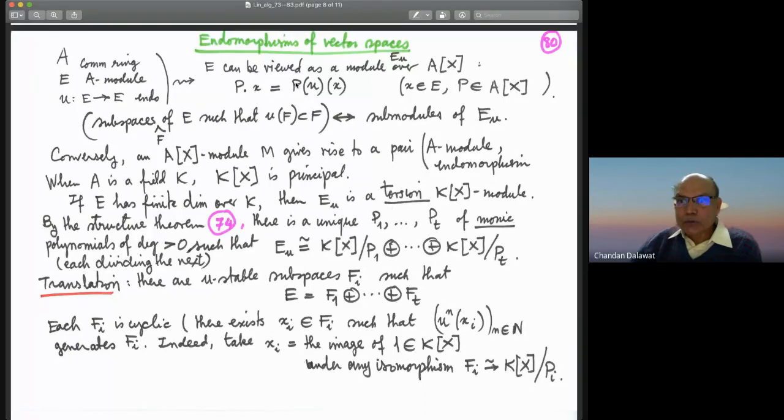So I can evaluate this polynomial at the endomorphism U, and then P(U) is an endomorphism of the module E, and I can evaluate it at the element X. And that makes this E into a module over A[X]. Okay, so submodules, not subspaces, submodules F of E which are stable under U, in the sense that U of F is contained in F, correspond to submodules for the A[X] module structure of the module E sub U, and so on.